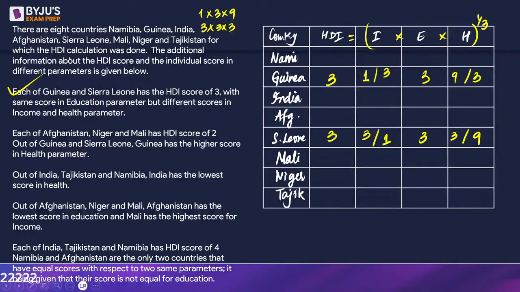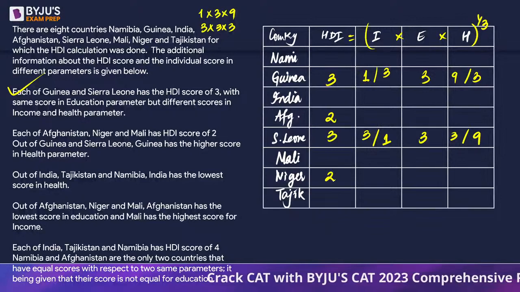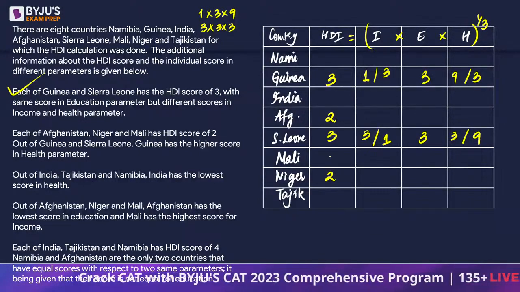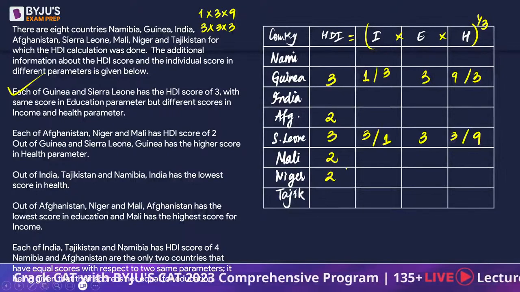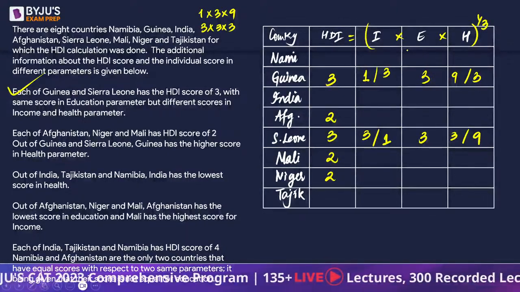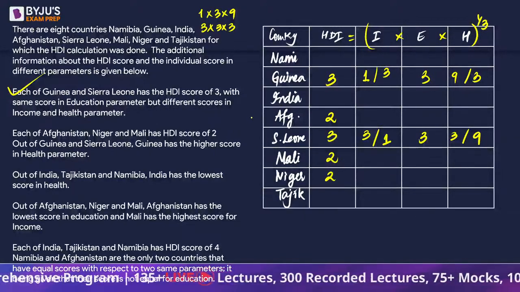Next is each of Afghanistan, Niger and Mali. Afghanistan has SDI score of 2, Niger has an SDI score of 2, and Mali has an SDI score of 2. Now again, same logic. If the product of IEH ka 1/3 power is 2, that means the product should be 8.